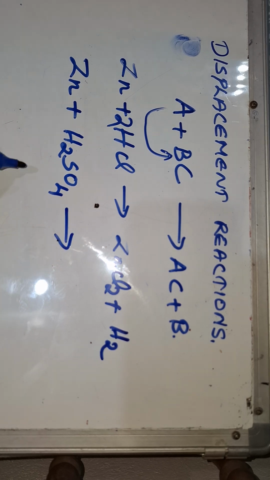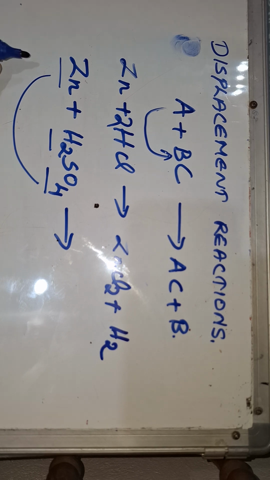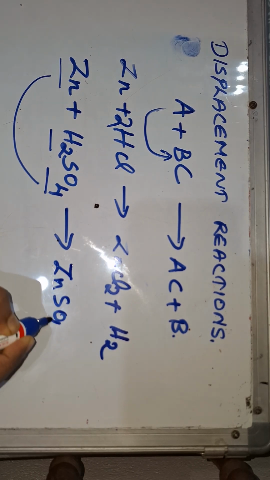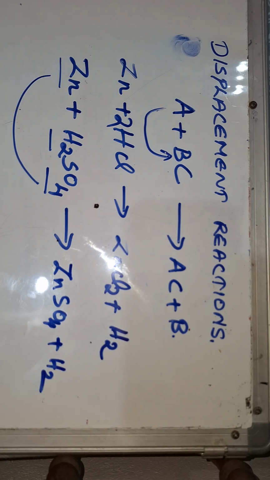And what we will get? Here A is there, B, C, okay. So these two will combine. So we will get zinc sulfate, ZnSO4, plus what is remaining? Hydrogen is remaining. So these are 2 examples for displacement reaction.